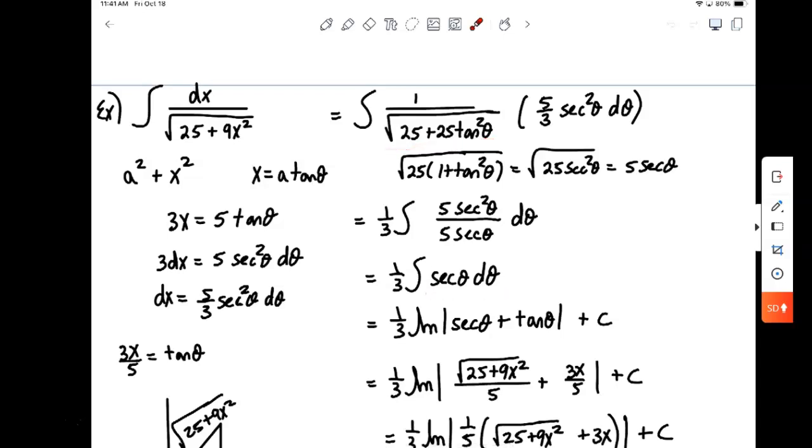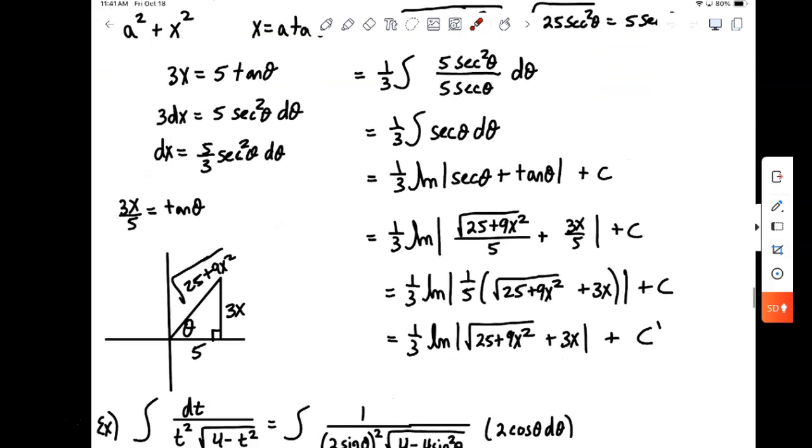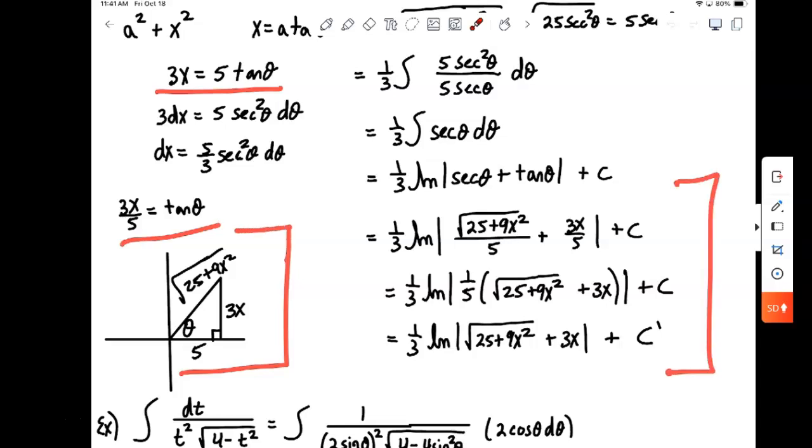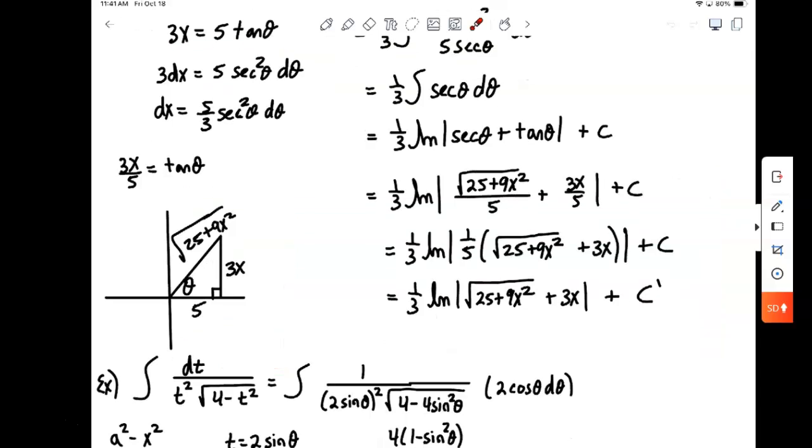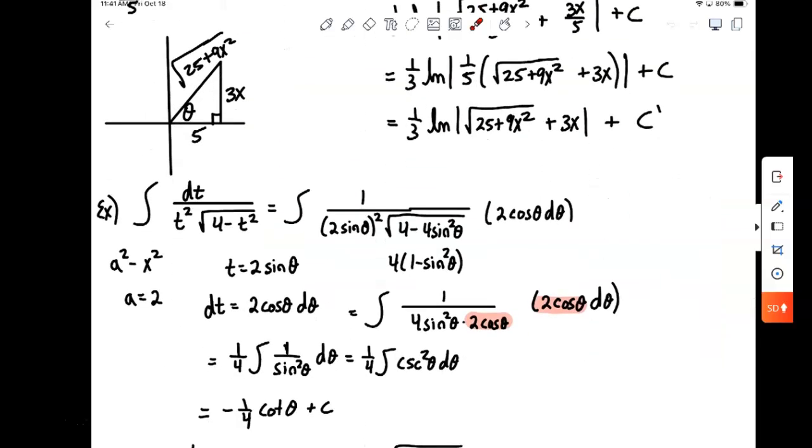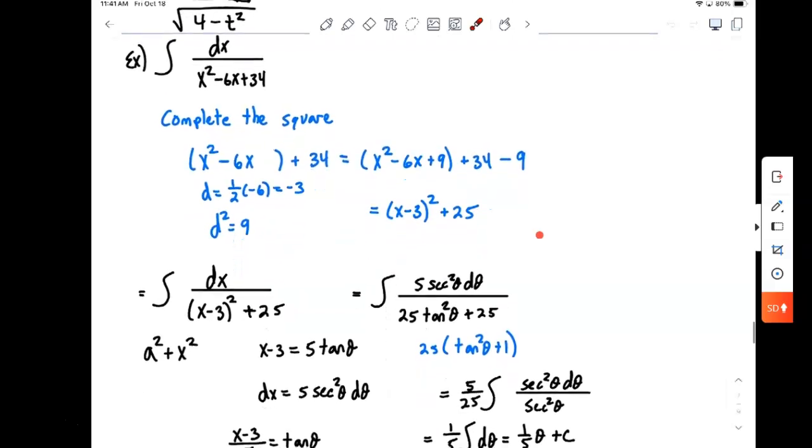And remember, after we worked that out, there's the convert back step, which is when we take our relationship, solve it for the trig function, and then set up our diagram, and then we have to convert back. Okay, so you had some various examples that we did in class, and of course you've done as well.